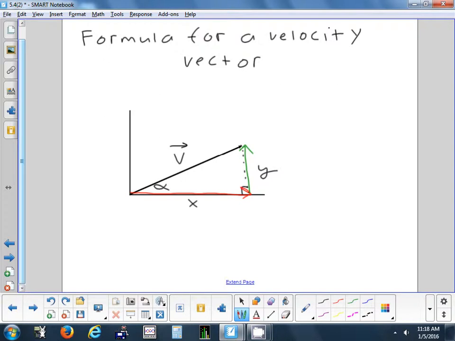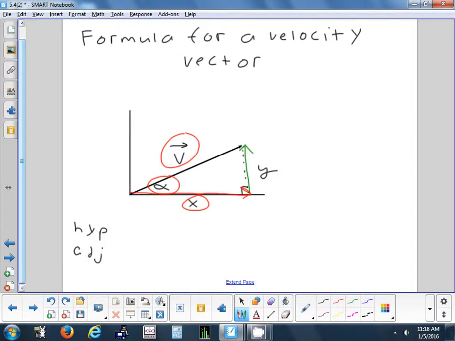Are these like cosine, sine, tangent? Yep. So this vector that I circled at the top, the v, what side is that? It's the hypotenuse. And is x adjacent or opposite? Adjacent.